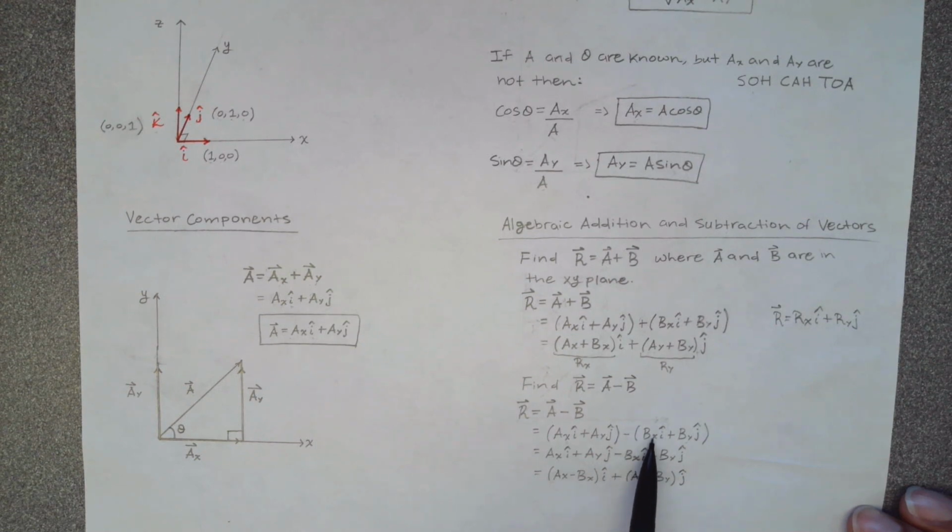I distribute this minus sign inside, so this will give me ax i hat plus ay j hat minus bx i hat minus by j hat. I combine the like terms, (ax minus bx) i hat, so this gives me that, and then (ay minus by) j hat. So this will give me the vector A minus B.